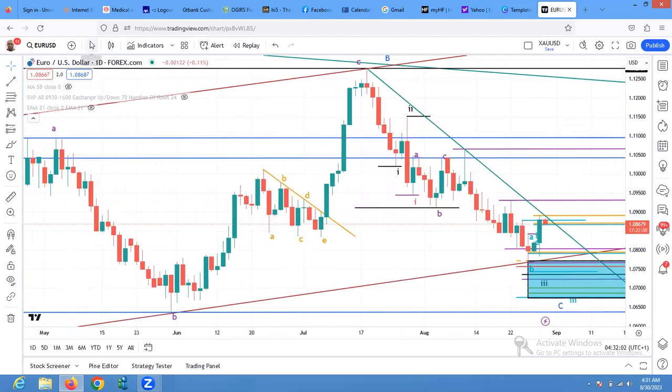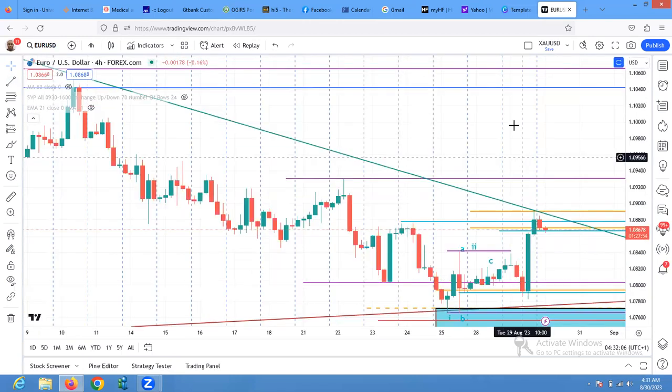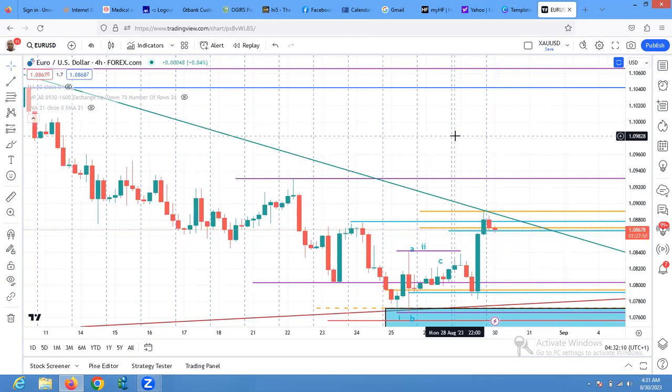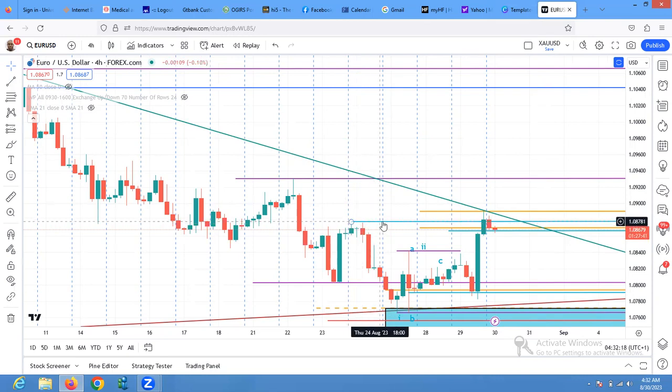Now, let's go inside of a 4-hour time frame. With what we are seeing, we now know that wave 1 does not start from here, from the DXY, because you can see it broke the top. So this won't be a wave 1 and wave 2 here. So this is part of wave 2. So we can now understand a time structure, how it can mess us up.